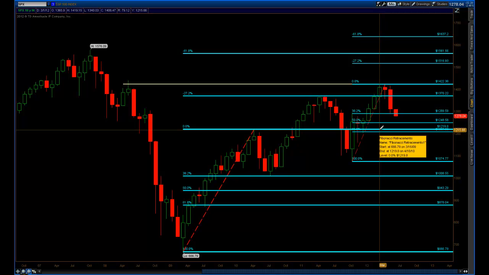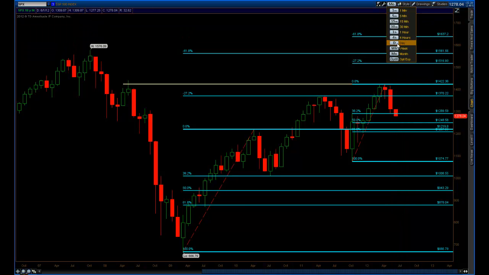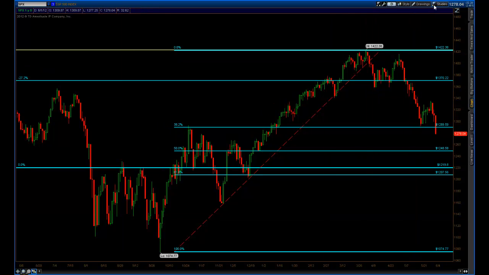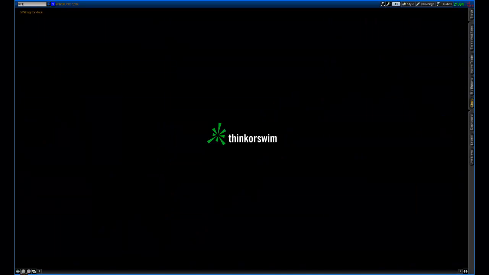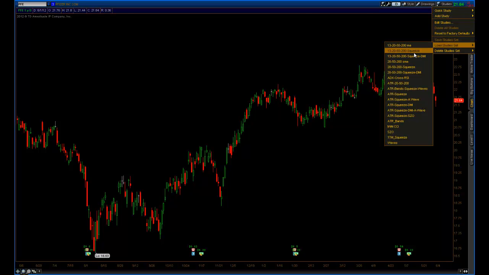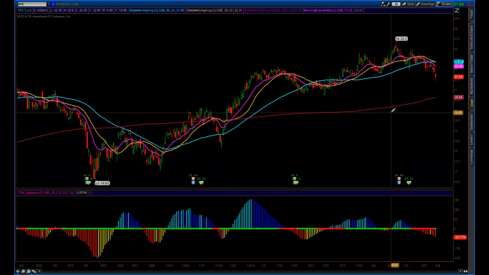Well, first of all, let me show you a trade we took that we were actually still in. We took this on Thursday last week. I'm going to switch back to a daily chart, and we took this with our members in Pfizer. We use a lot of moving averages, and we use the TTM squeeze indicator with our trading here.